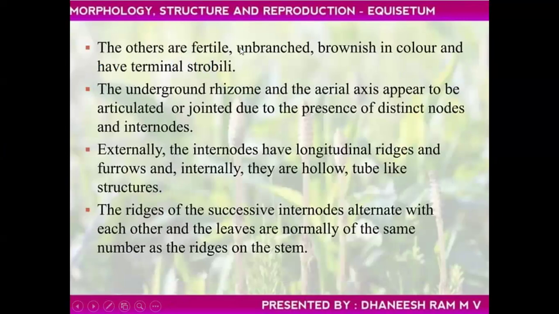The others are fertile, unbranched, and brownish in color, right? The underground rhizome and the aerial axis appear to be articulated or jointed due to the presence of distinct nodes and internodes. Externally, the internodes show longitudinal ridges and furrows, and internally they are hollow, tube-like structures.